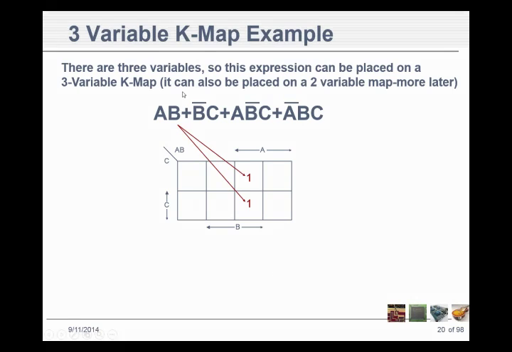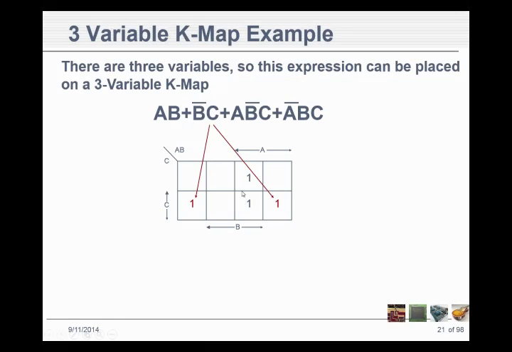Okay, so we take A and B. Here's the domain where both A and B are 1, right? This is where they overlap. A and B are both 1s. B naught C. Well, here's where those domains overlap. B naught is here, and C is here.